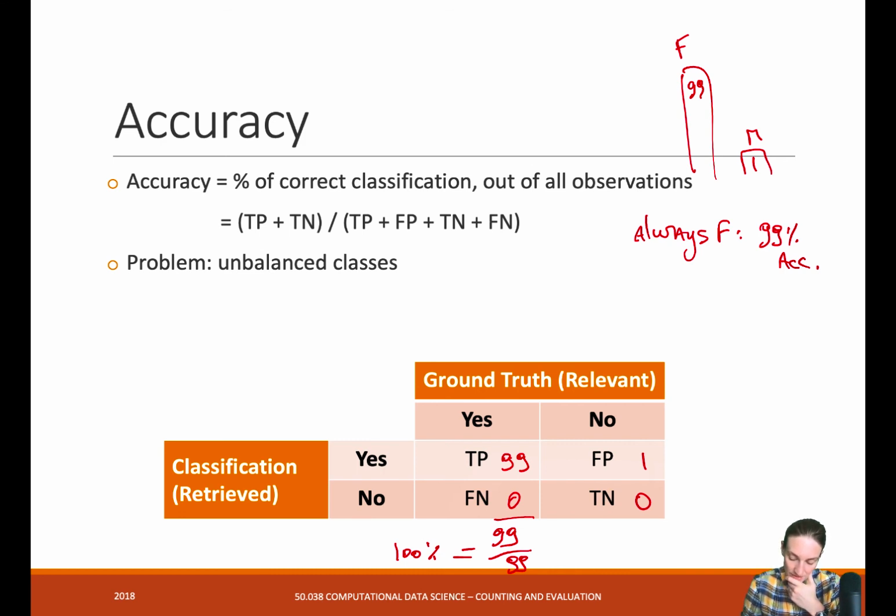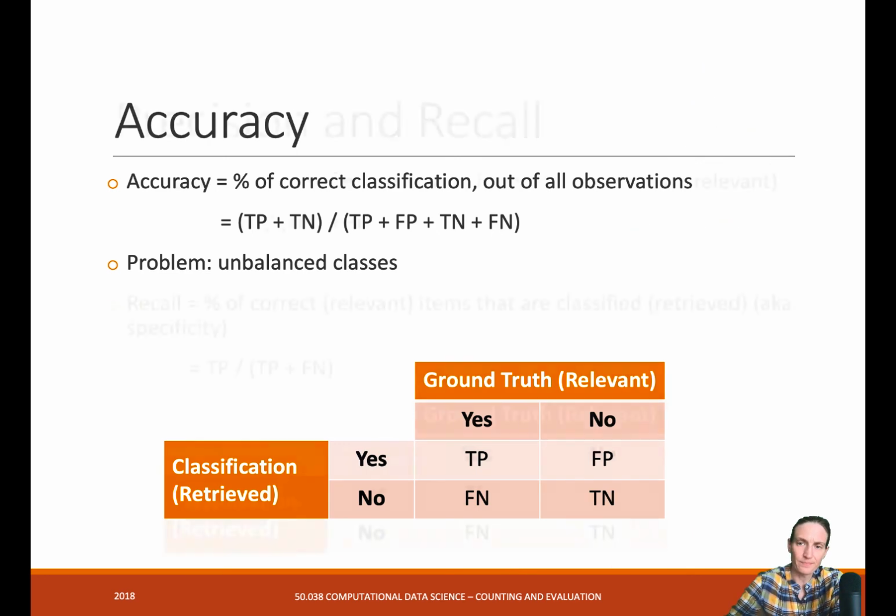The class specific accuracy of male is 0 over 1, so it's 0. Okay, so that tells you a lot. So if you use accuracy, take class specific accuracy.